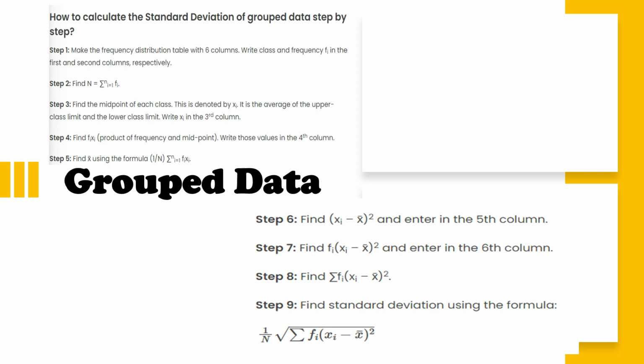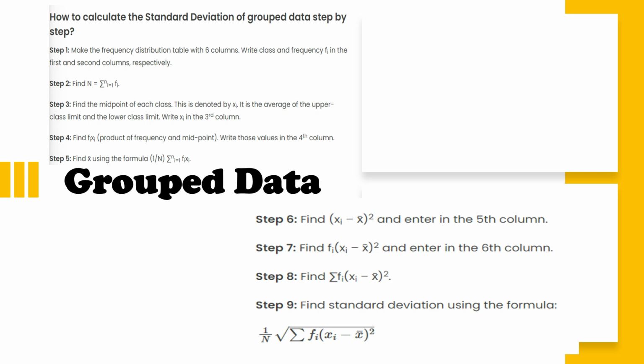Second, find the total number of population, which is equal to the summation of fi, or the frequency. Step 3, find the midpoint of each class. This is denoted by xi. It is the average of the upper class limit and the lower class limit. Then write xi in the third column.